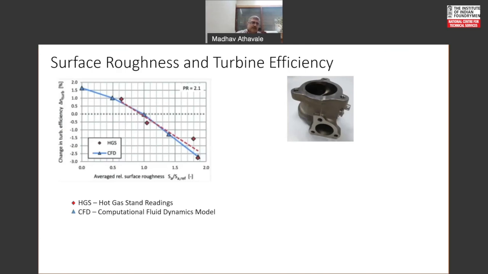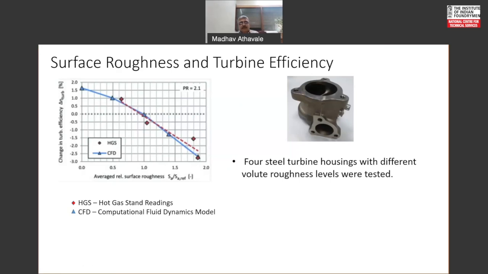But what is important to notice is, as the average relative surface roughness increases, moving from left to right, the turbine efficiency on the y-axis is not absolute efficiency, it is change in the turbine efficiency. So net, there is a drop of almost 4% in the turbine efficiency, and that means a lot.